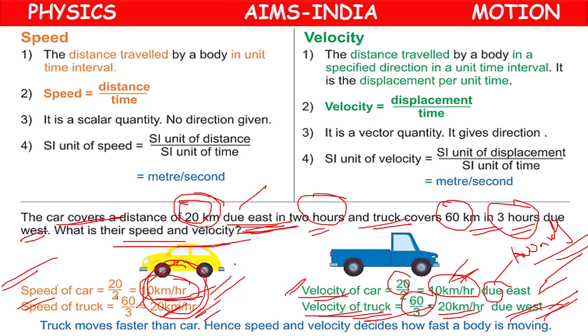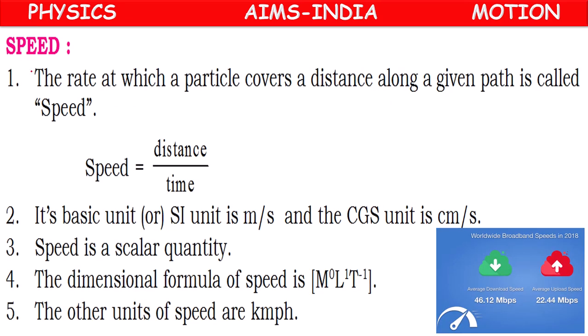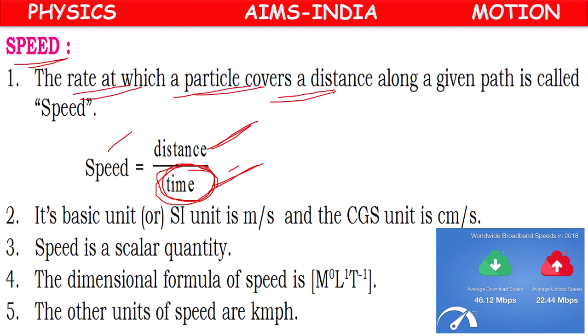Next, children. Speed means distance by time, means how much distance traveled in unit time. Whenever we are comparing a quantity with time, we have to define it as a rate. The rate at which a particle covers a distance, means the rate of change of distance, is called speed.